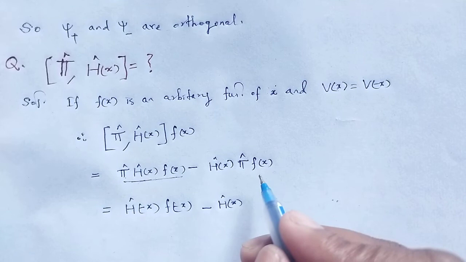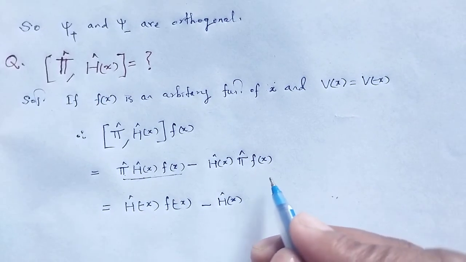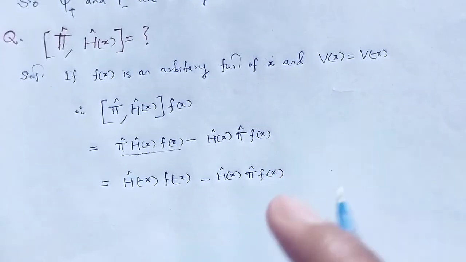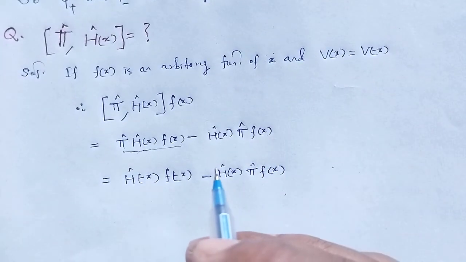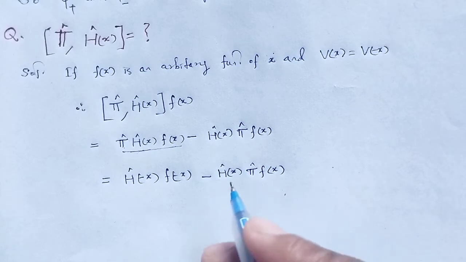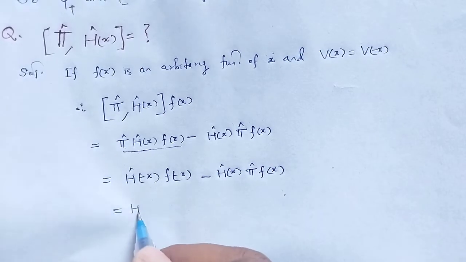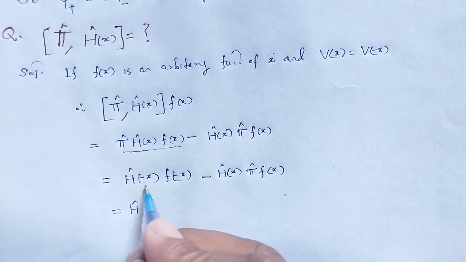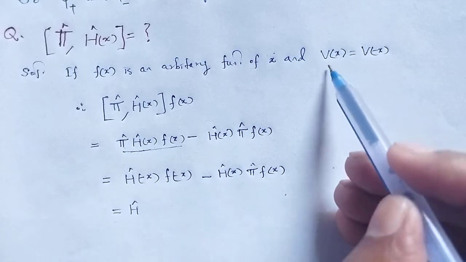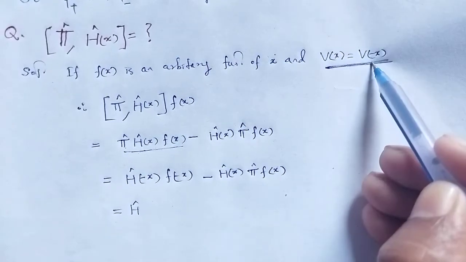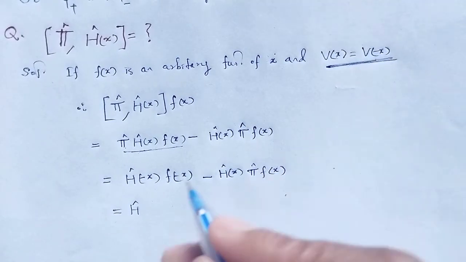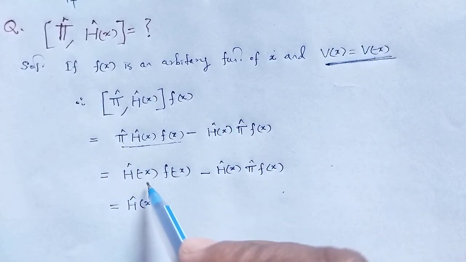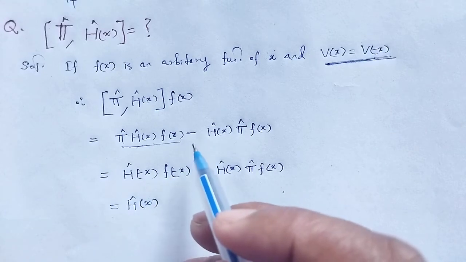The parity operator operates on these two functions, minus h cap x, here also f of x, that will be h cap of minus x changing to h cap of plus x, since V of x is the same as V of minus x. Hamiltonian means H is equal to p square divided by 2m plus V of x.